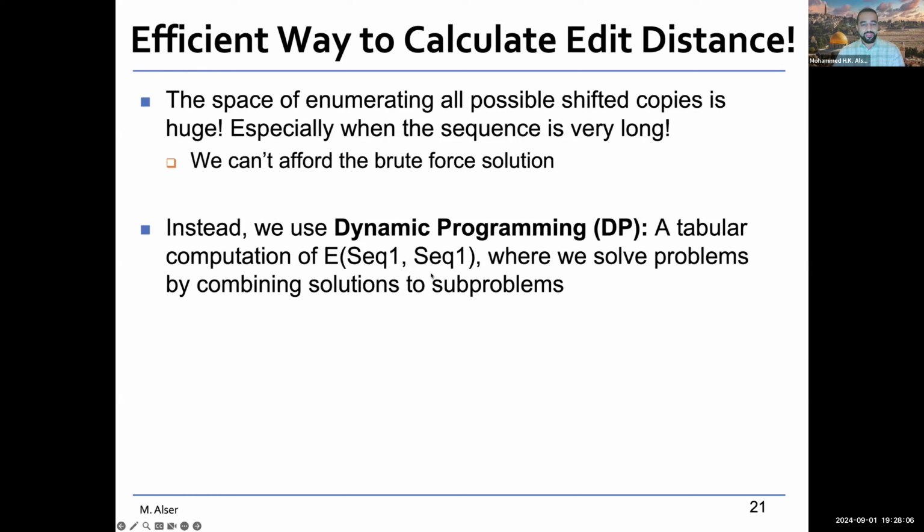And we could use this table to calculate the edit distance, for example, between sequence 1 and sequence 2, where we solve problems by combining solutions to subproblems. So we solve a bigger problem by dividing it into very small subproblems, and we solve each individually. And then when we have the answer to each subproblem, we try to reuse it to calculate the bigger problem.